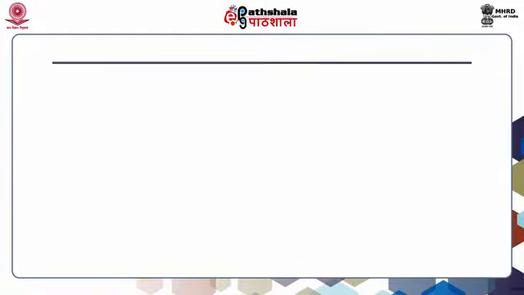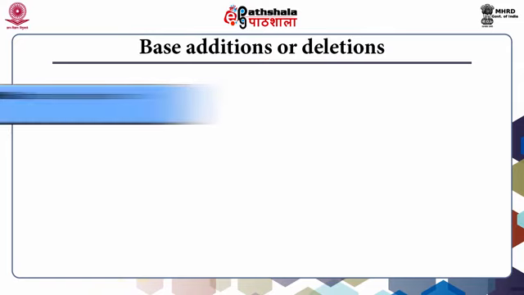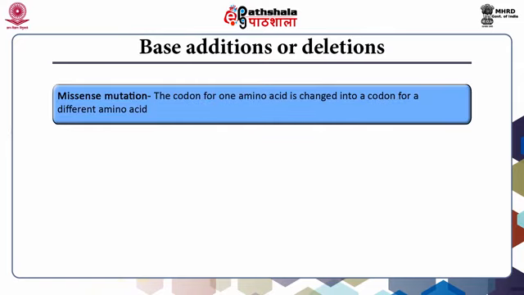The second class of gene mutations, beside the base substitution, is base addition or base deletion. One class among this is missense mutation. In this case, the codon for one amino acid is changed into a codon for a different amino acid.